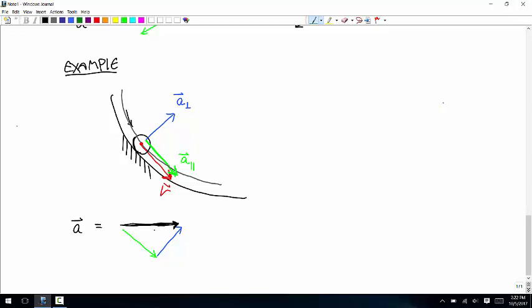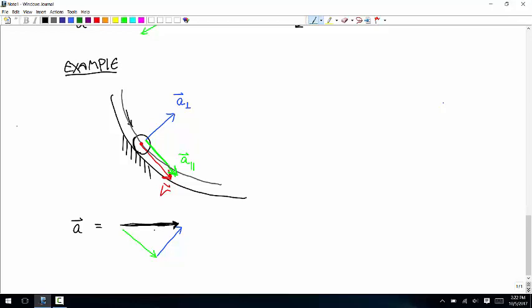Okay. There's one issue with this, though. That would be the direction of the acceleration if we knew the magnitudes of these two. But we don't. All we know is, we don't know how much it's speeding up compared to how much it's turning. You can do calculations to figure that out, but that's not part of this intuitive way of thinking about it.